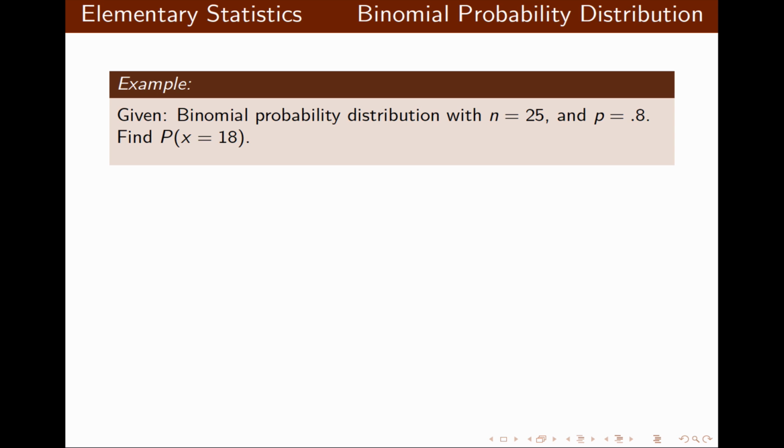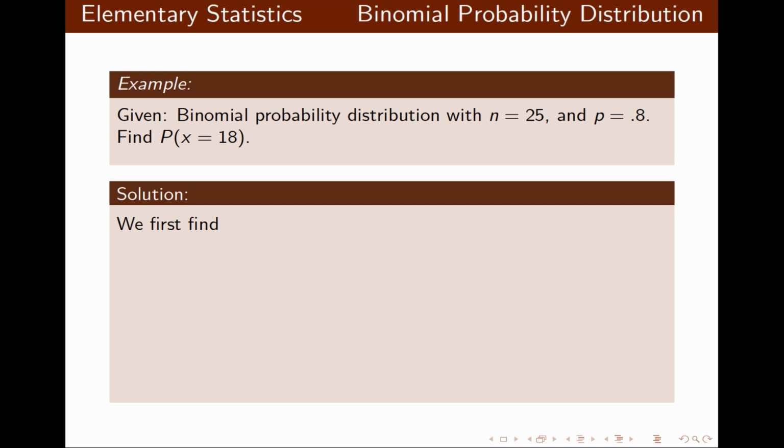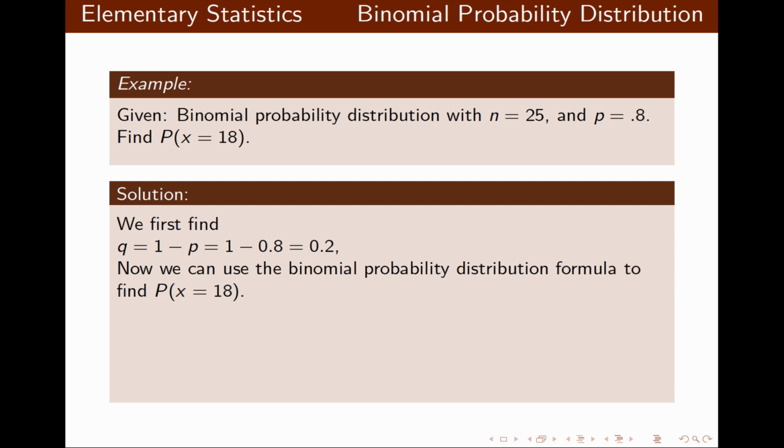So we have 25 independent trials with the probability of success 0.8, and we want to know the probability of getting exactly 18 successes, where x is 18. We first find q. Then we're going to use the binomial probability distribution formula.